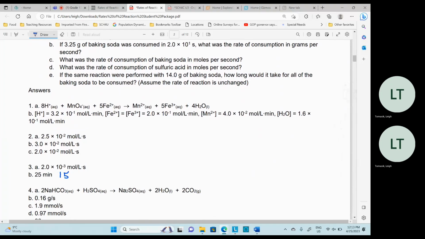That's why our 1,500 seconds, times 1 minute is 60 seconds, we get 25 minutes.